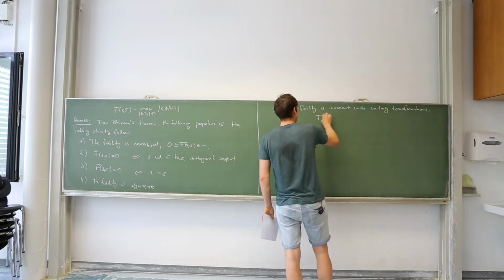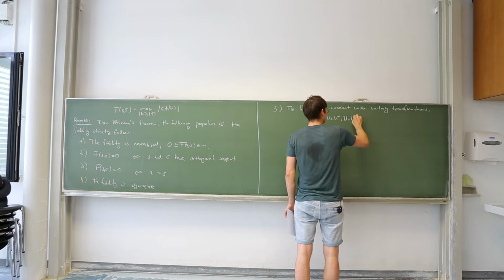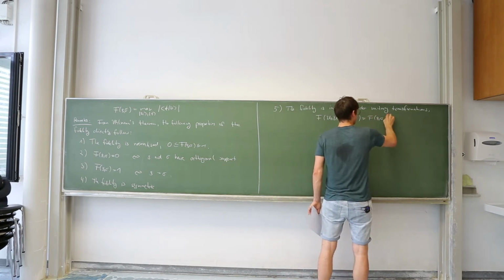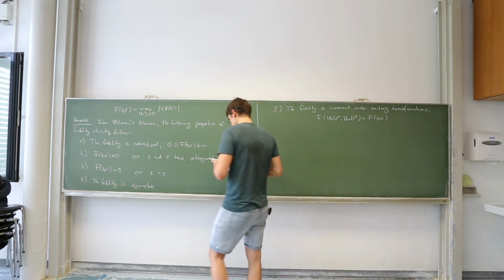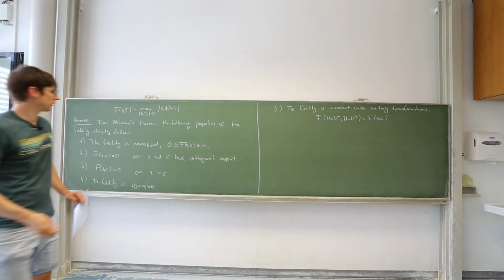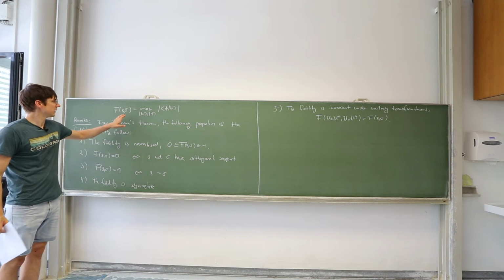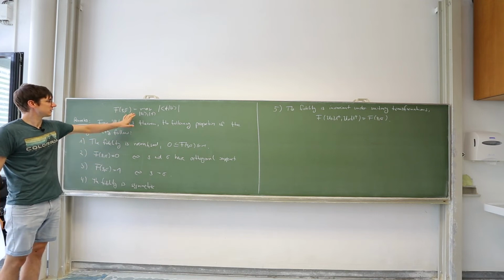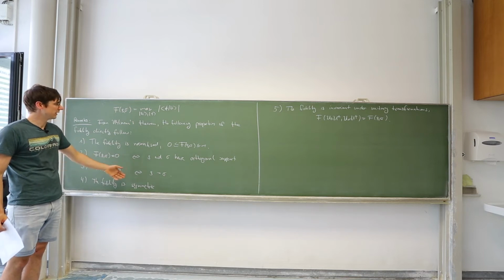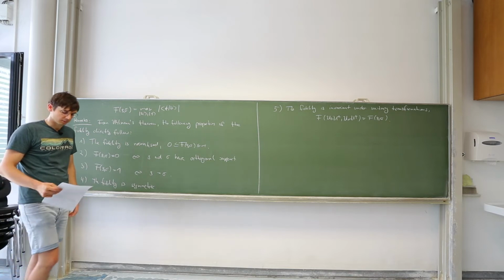So we have f of u rho u dagger, u sigma u dagger is equal to f of rho sigma. Okay, so I think we already discussed all of these properties, but I just wanted to summarize them. I mean, there's no proof needed, I think, because you directly see this from Uhlmann's theorem.